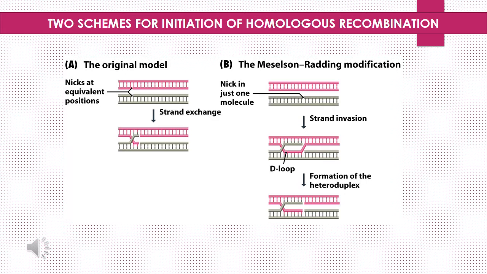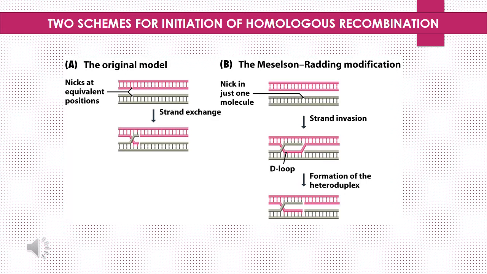Later, Meselson and Radding, two workers, did a little modification in the original model where they suggested that a nick is formed first in one DNA molecule only, then a strand after formation of the nick invades the facing and homologous DNA molecule, leading to projection of the uncut DNA strand of the facing DNA molecule to touch the homologous DNA molecule where the nick was formed.